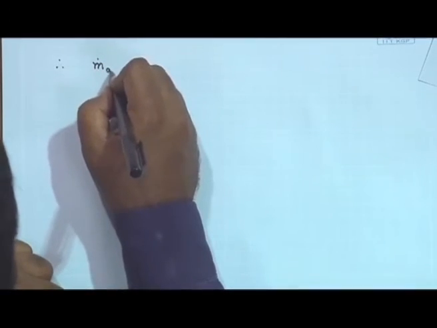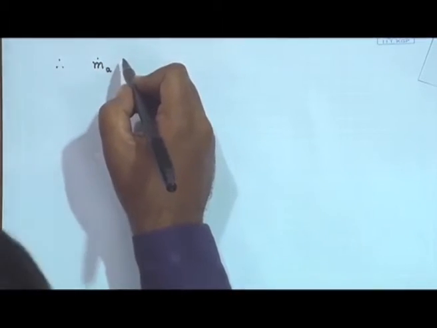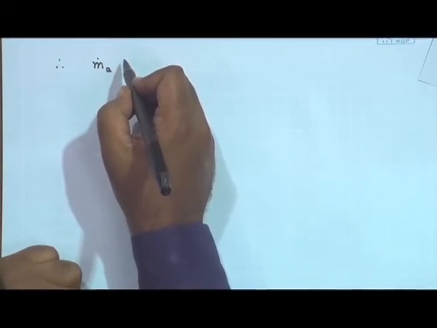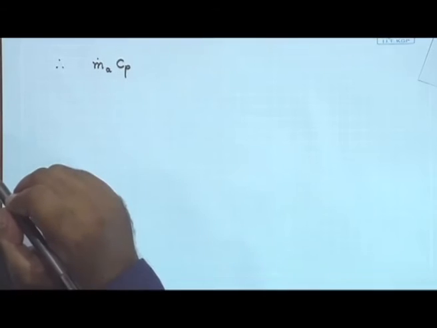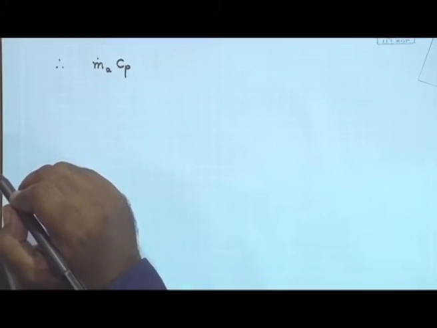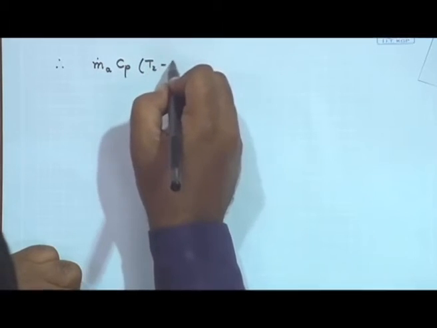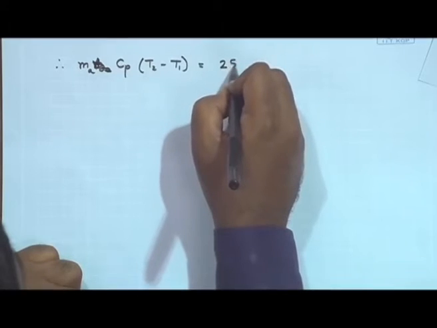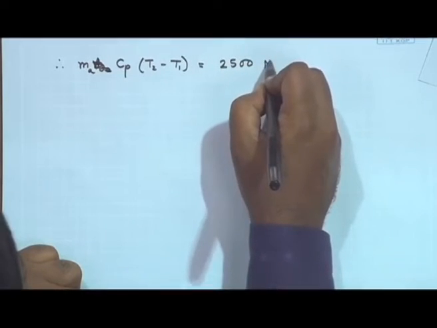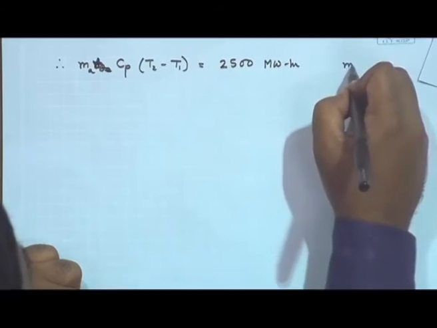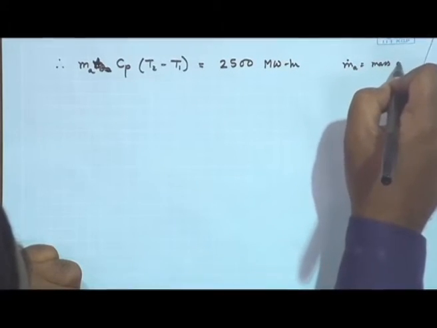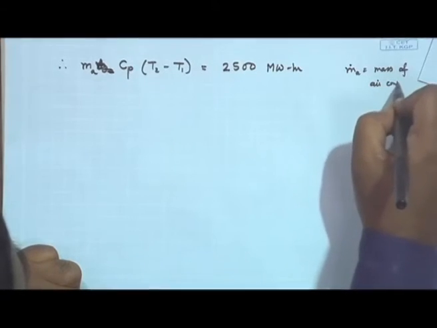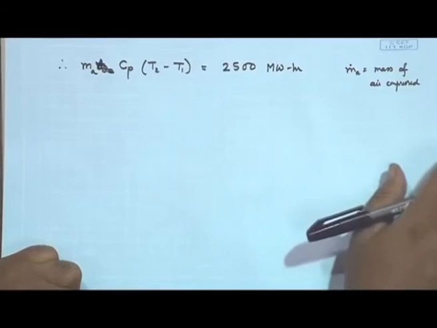So, therefore, I can write Ma, the mass of air, times Cp, times T2 minus T1, will be equal to 2500 megawatt hour, where Ma is the mass of air compressed, clear.